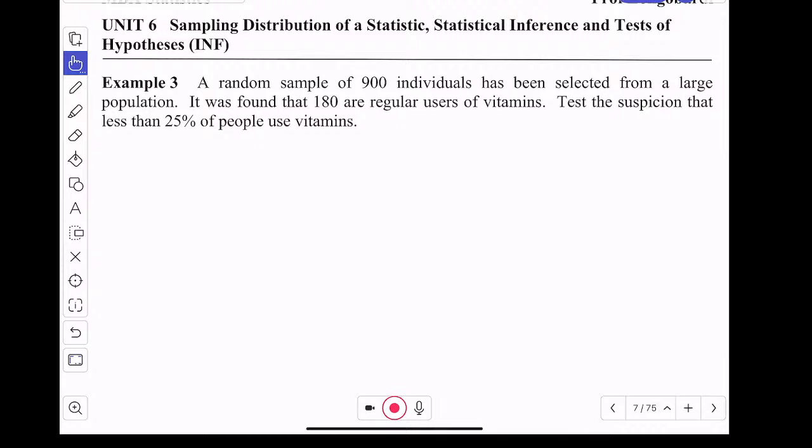So we begin with a random sample of 900 individuals selected from a large population. It was found that 180 are regular users of vitamins. So what I see here is this is my N, and this is my sample count of 180 vitamin users.